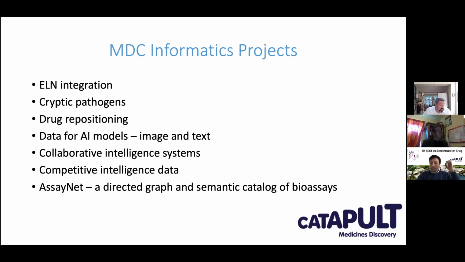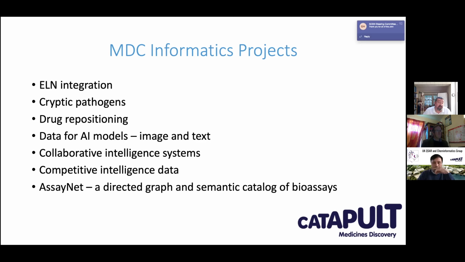We're building and providing tools and data for a large number of AI modeling tasks, including text mining, which most of the field is working on. We're doing some image mining as well, which is pretty interesting.